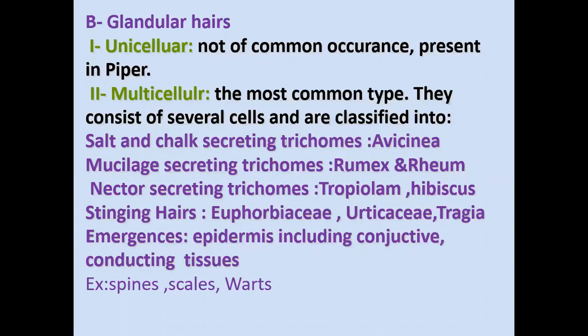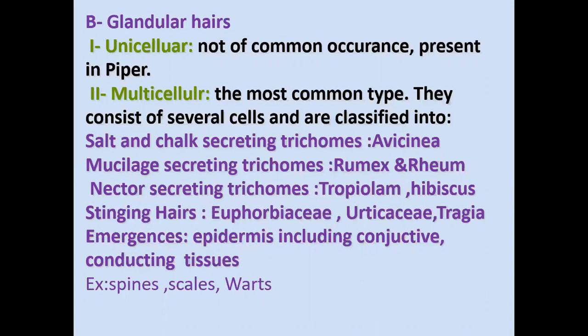The basal part of the trichome is broad and the apical part becomes pointed. Whenever an insect or animal visits the plant surface, immediately the trichome penetrates into the animal body and releases some toxic substances into the prey.